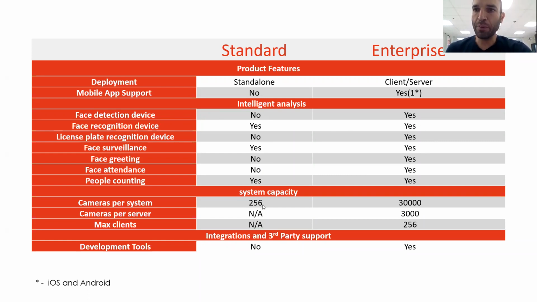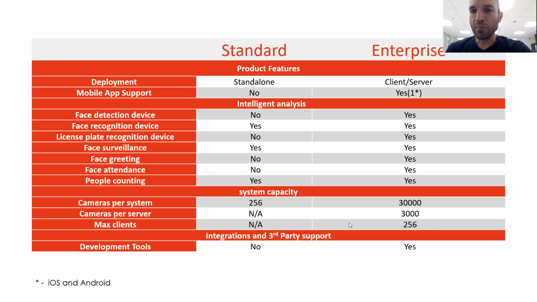And the system capability. The standard version supports up to 256 channels, while the enterprise version supports up to, it's not actually 30,000, it's more like 3,000. We can expand it to 30,000, but it requires different hardware.